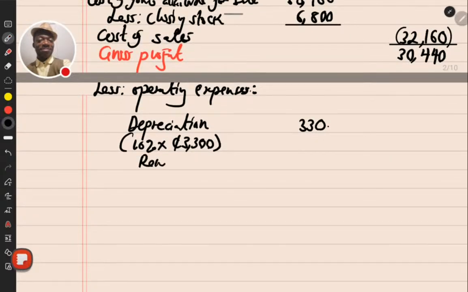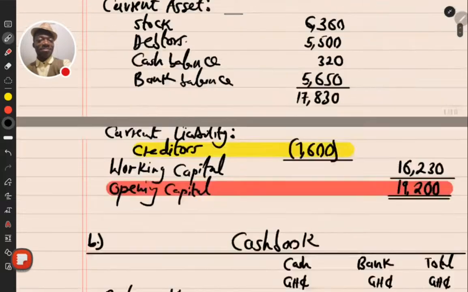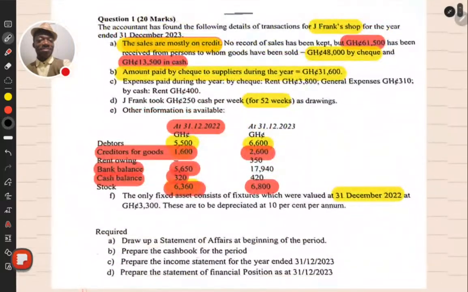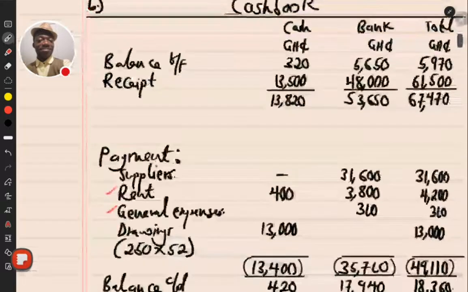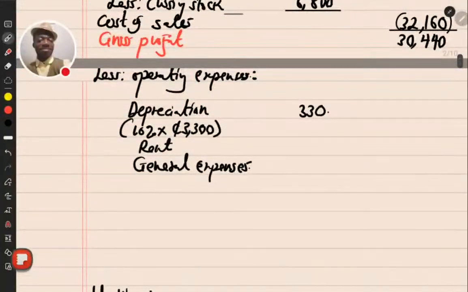So we have rent, then general expenses. Well, let's check the general expenses. Was there any additional information for general expenses? That is a no, so that means we can straight up pick out the value from here as general expenses, 310. So general expense is supposed to be straight up 310.